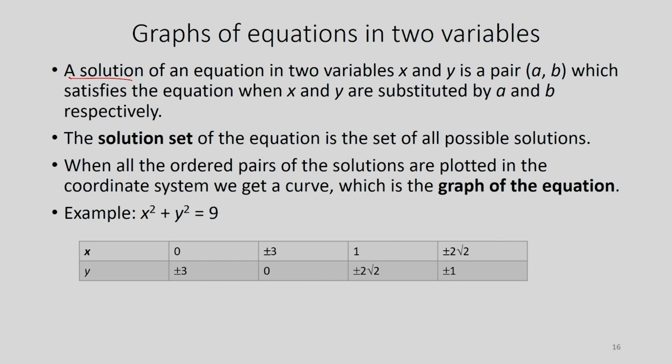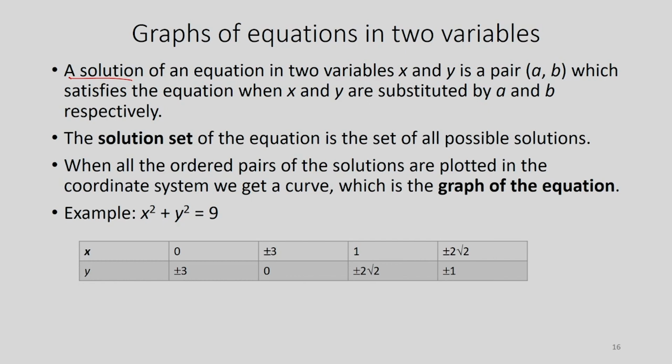If I substitute x by a and y by b, and that equation is satisfied, the left hand side is equal to the right hand side, then that a and b is called a solution. So, a solution of an equation of two variables will have a pair of numbers like a comma b. The solution set of the equation is the set of all possible solutions.